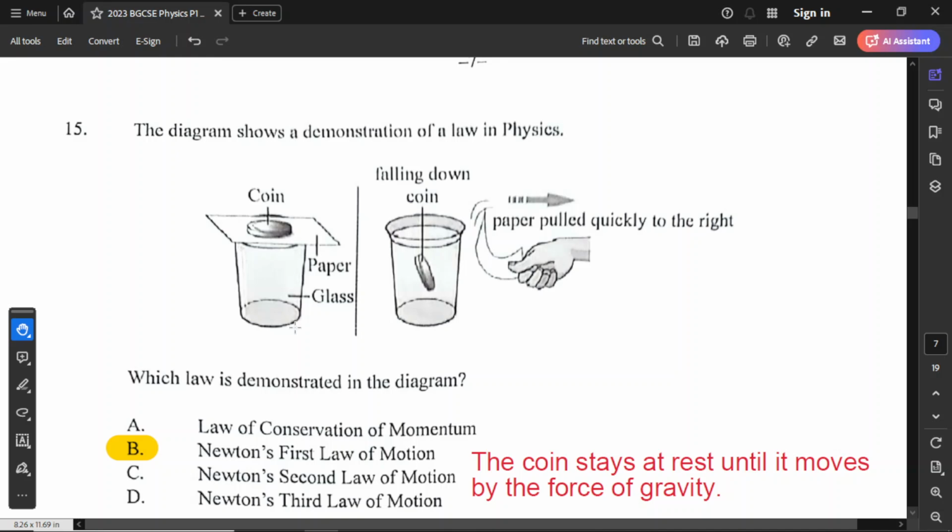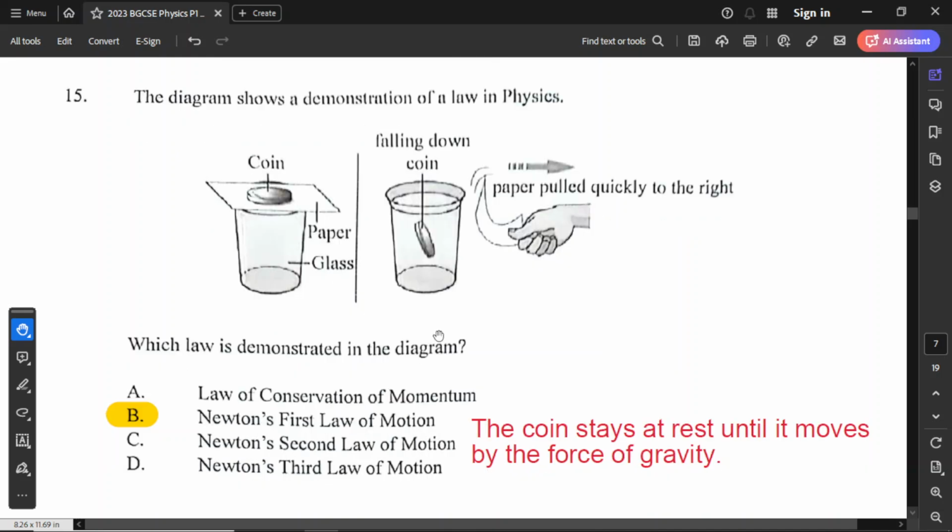For question number 15, this one reads now, the diagram shows a demonstration of a law in physics. So notice the coin is on the paper, the paper is pulled, and the coin will fall into the cup or into the glass. It says which law is demonstrated in the diagram.